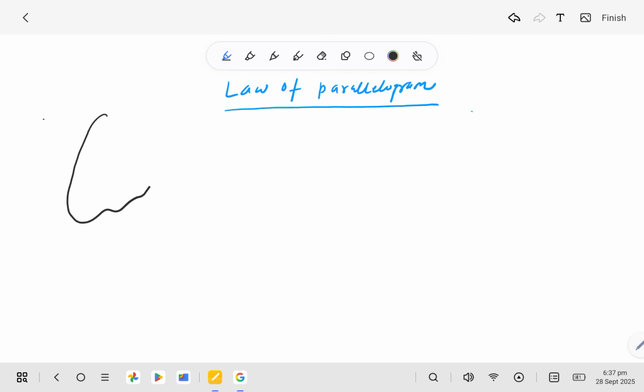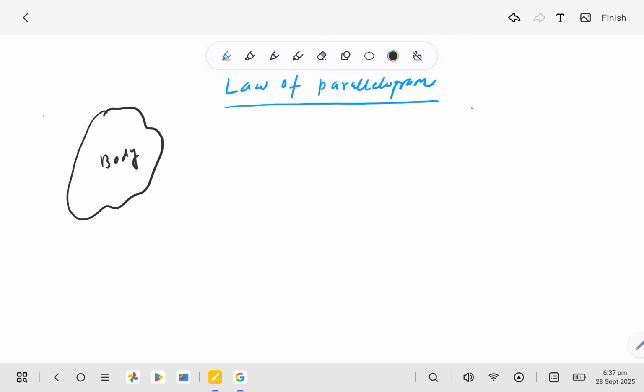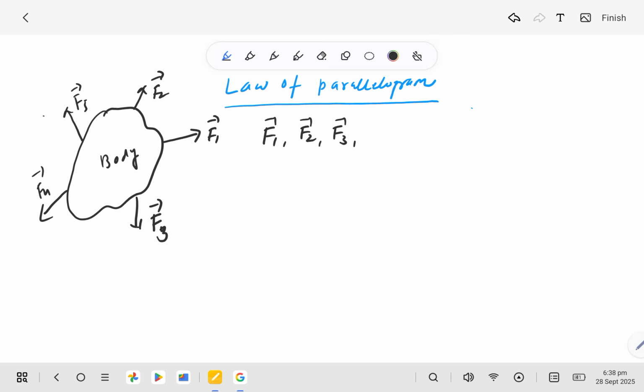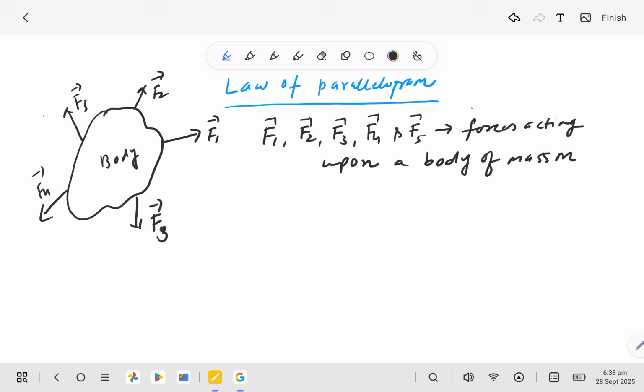If I consider a body which is acted upon by many forces in different directions, okay, so F1, F2, F3, F4 and F5 forces acting upon a body of mass m.